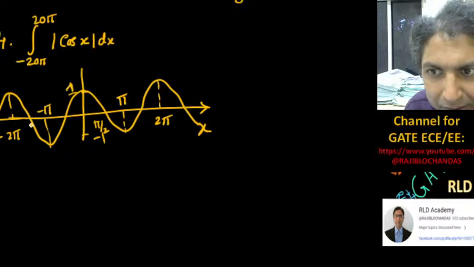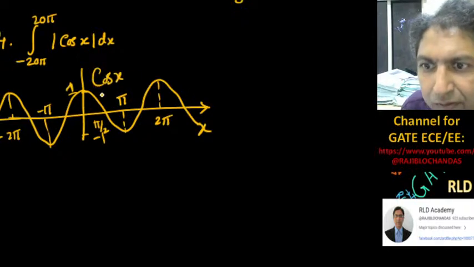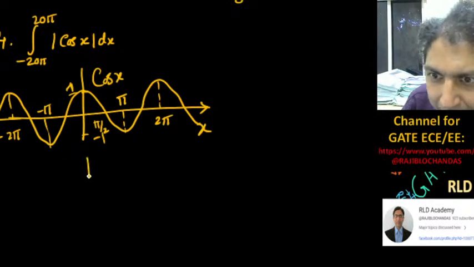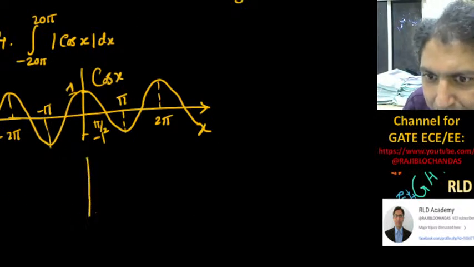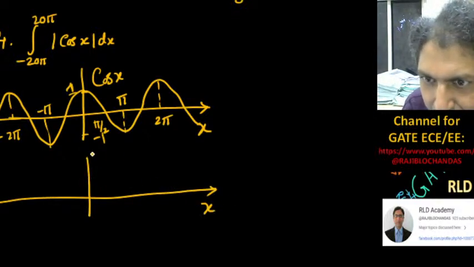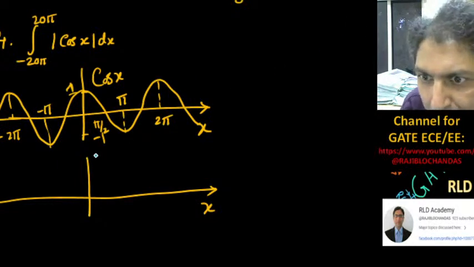Okay, now if I take mod, so this is your cos x. Now if I take mod, then the graph will be a little bit different. So negative part will become positive. So mod of cos x, I want to draw mod of cos x.